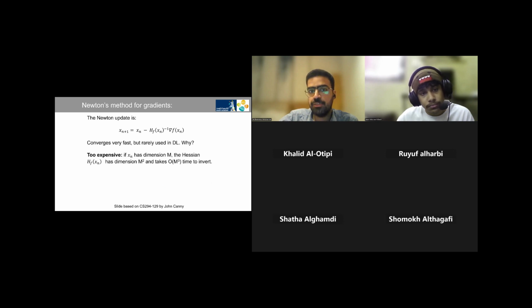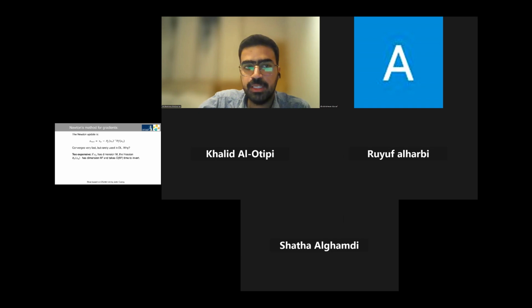Okay, so if my weight parameters have m dimensions, then computing the Hessian will take time complexity of the order of m square, because it has the dimension m square, right? And then you might also notice that there is the inverse sign over it. We need to compute the inverse of this Hessian matrix, which will take the order of n cube, right? So it becomes very expensive.